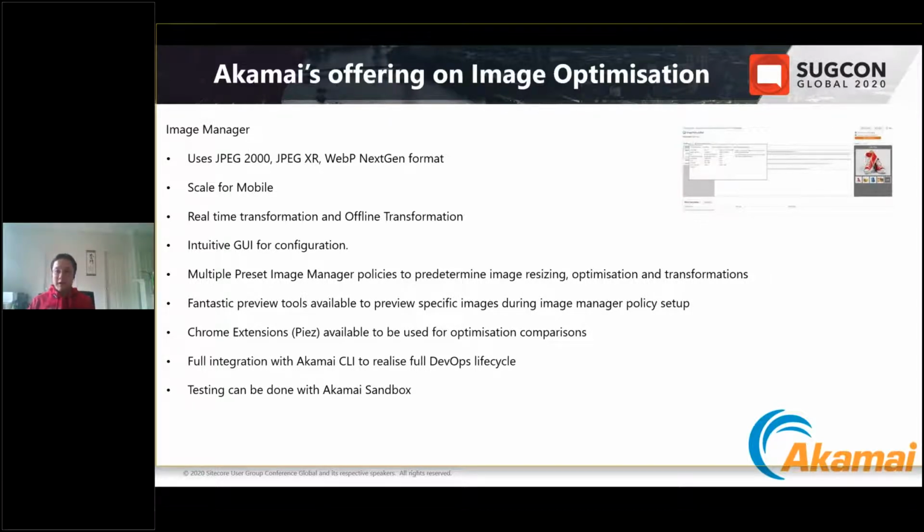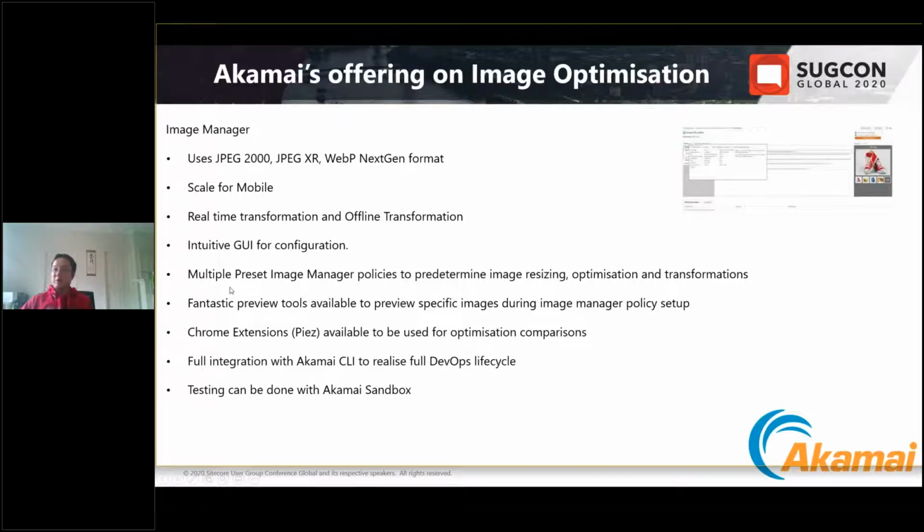It has an extremely intuitive UI for working with your Image Manager policies. As you can see on this screen, you can preload an image that you want to work with as a preview. While you're modifying your image policies and applying the different types of transformation, you can see the preview live on the right-hand side with the image relevant to what you are working on.